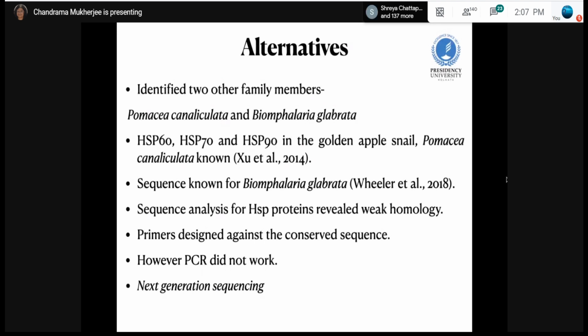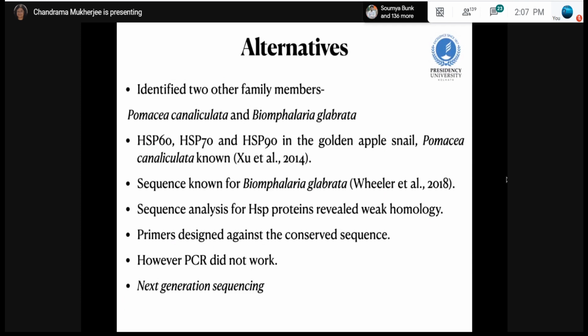So we analyzed the protein sequences and the cDNA sequences of these two species. Surprisingly, though these heat shock proteins are very well known for their evolutionary conservation among the higher eukaryotes, we found that these proteins shared less than 30% sequence homology.